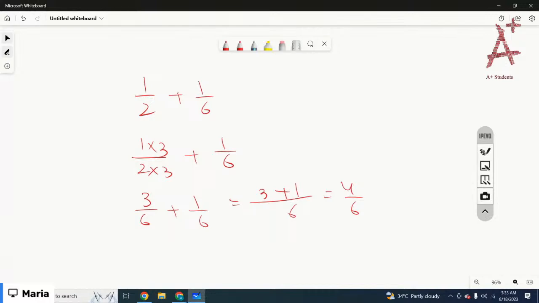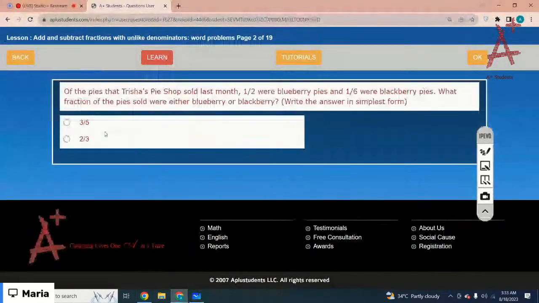So just look for a number that can divide both numerator and denominator. That would be 2. So let's just divide them by 2. 2 times 2 is 4 and 2 times 3 is 6. So it would be 2 over 3. So the correct option is 2 over 3.